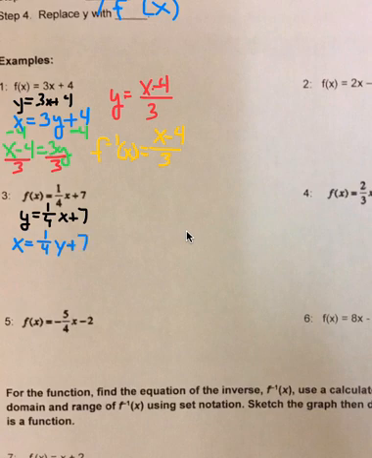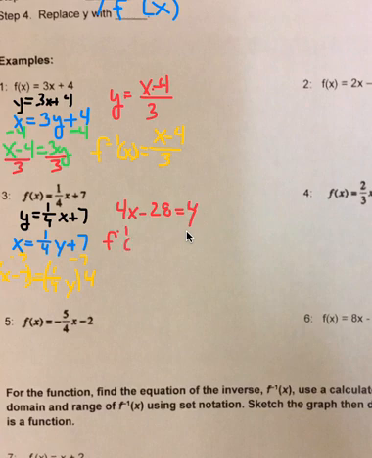I'm going to subtract 7. X minus 7 equals 1/4 y. How do I get rid of 1/4? Multiply by 4. So that's going to give me 4x minus 28 equals y.